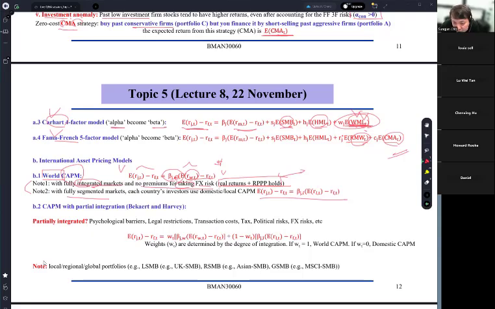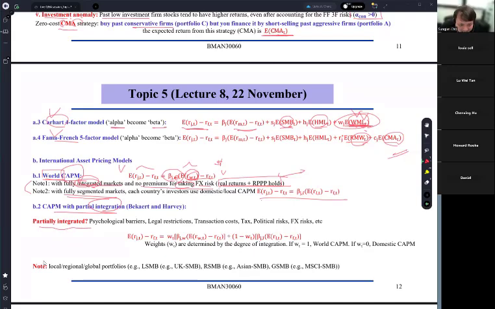For a German investor, they use the German CAPM, which means the market portfolio comes only from the German market. So we have three cases actually. In the fully integrated case, you use the world CAPM with the world market portfolio. In a fully segmented market, each country's investors use each country's domestic CAPM. Now there's also some middle ground.